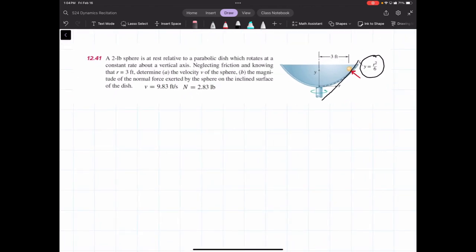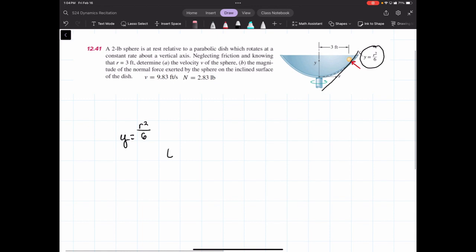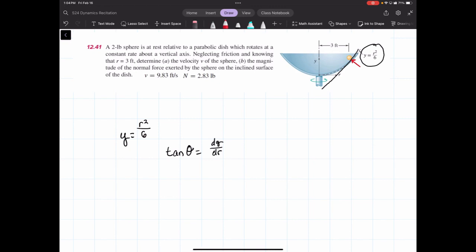Okay. So if we know that y equals r squared over 6, and we want to find the slope and then the angle of the dish at that exact point, we can say that tan theta is equal to dy over dr. So we're basically just trying to find that angle of the slope, which is the derivative of our parabolic function.